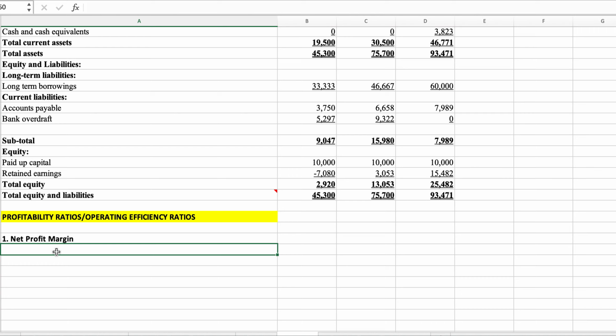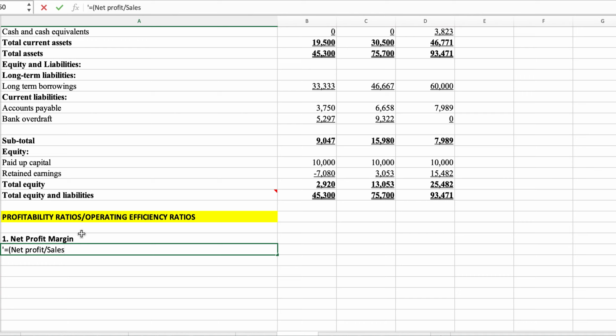So the formula for net profit margin is given by net profit divided by sales. The examiner sometimes might give you revenue.